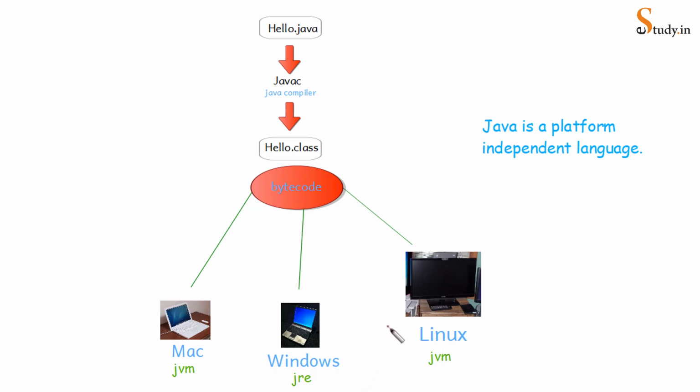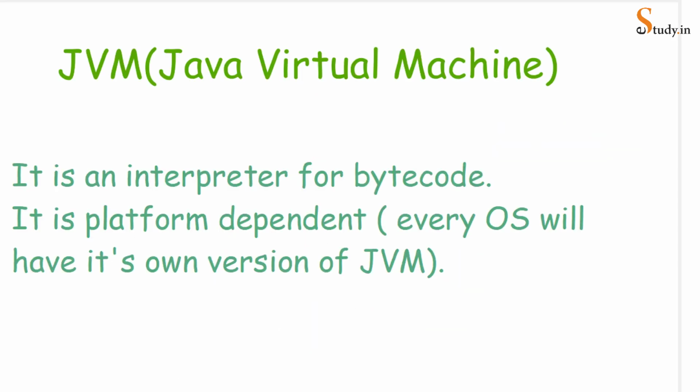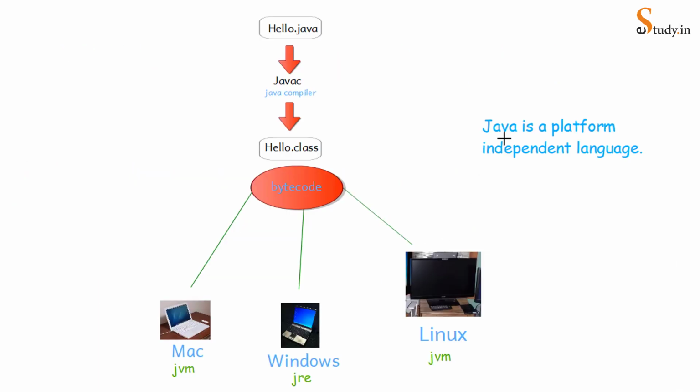So the architecture of JVM varies from platform to platform. So that is why we are saying that JVM is platform dependent. Okay, it will vary from platform to platform, but Java is a platform independent language because it is portable. We can port the Java bytecode onto different machines, and we just need a JVM for each machine.